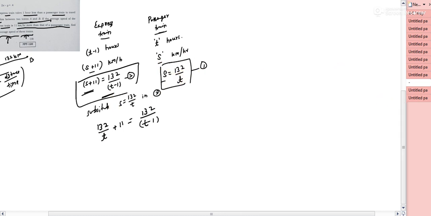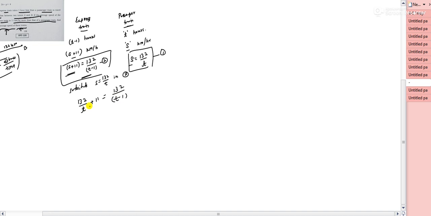Got it? So see, how are you going to solve? Here you have to take LCM t. So this becomes 132 plus 11t, and this becomes 132 divided by t minus 1. Now do the cross multiplication: you will get 132 plus 11t into t minus 1, and in the RHS you will get 132 into t.